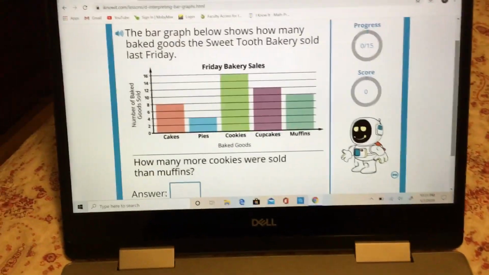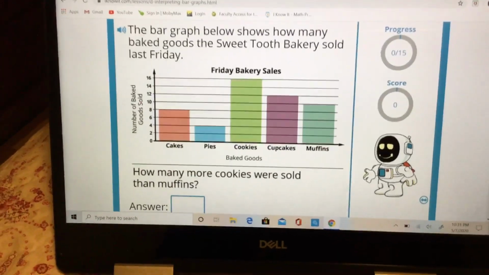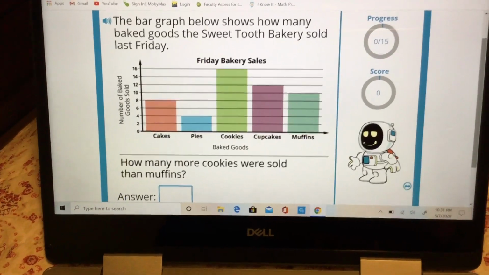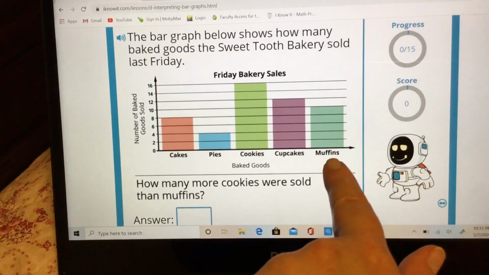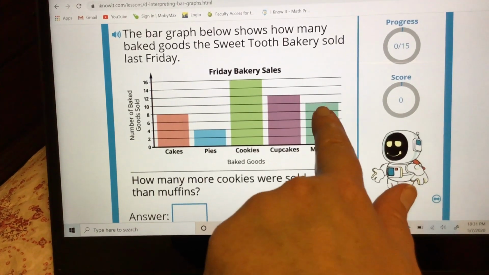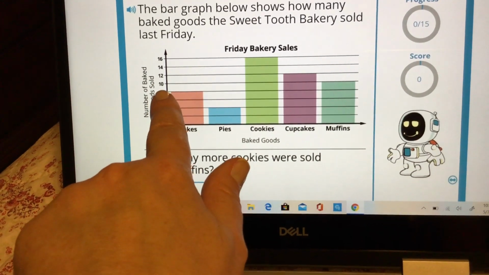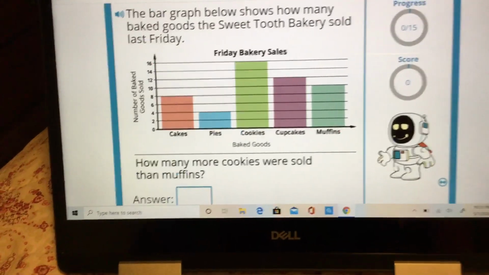We should read a question and know immediately what operation we're going to choose. And then, how many more cookies were sold than muffins? We're looking at muffins. And we see that that is going to be 10, okay? And so 10.